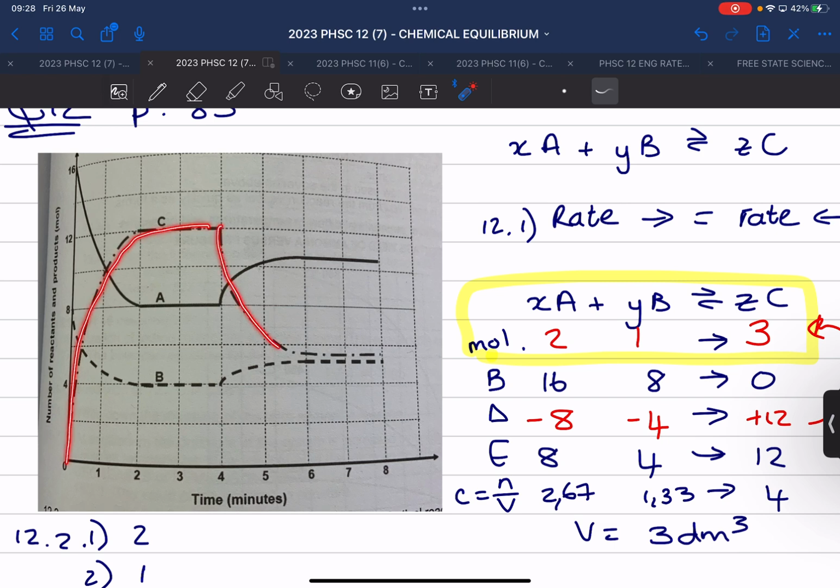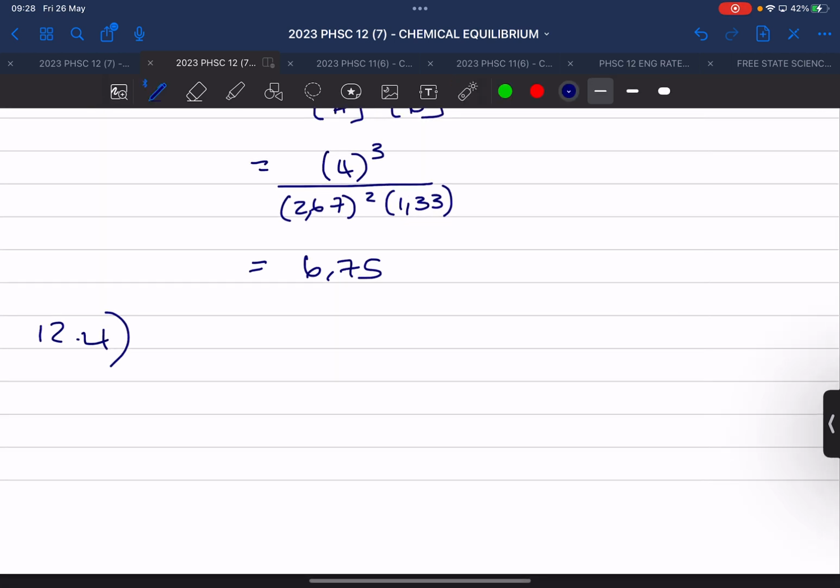It was definitely not favored. This is the forward reaction, and it was favored. Can you see that? So we start with the obvious, we say an increase in temperature favors the forward reaction.